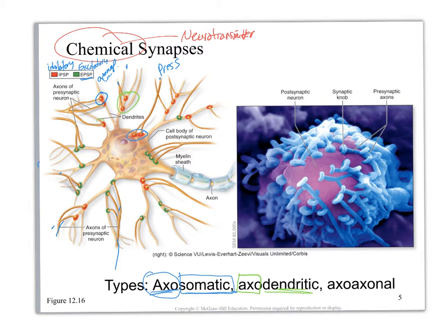These would be examples of axodendritic synapses. And then you have a few axoaxonal. And I don't really have a good one for that. If I had one right here, that would be an example of axoaxonal. Okay? All right, let's look at the next picture.